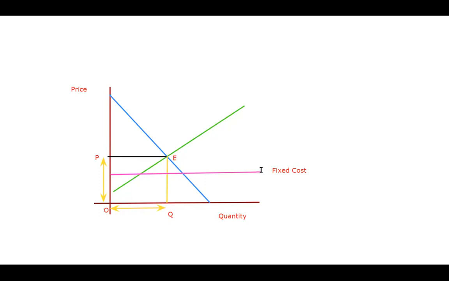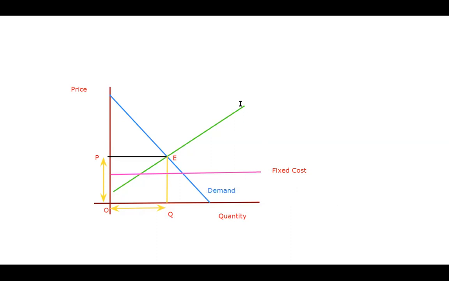Okay. Now let's talk about variable cost. I should write it down here. So this blue one is actually your demand curve. So you write down demand curve.